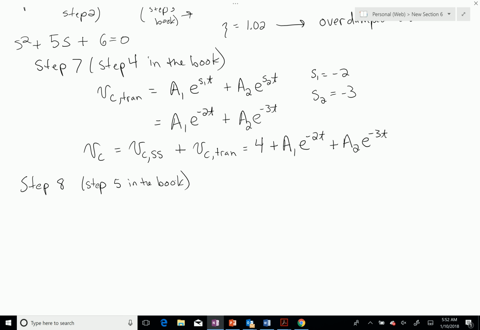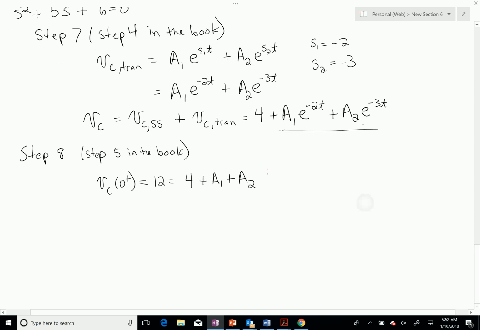In other words, V sub C of 0 plus, I determined that way back to be 12 volts, and that has to equal 4 plus A1 plus A2. Why do I know that? Because if I go back to my original equation and plug in t equal to 0, I get just A1 for this term and just A2 for this term. So that's one equation. This becomes 8 equal to A1 plus A2.